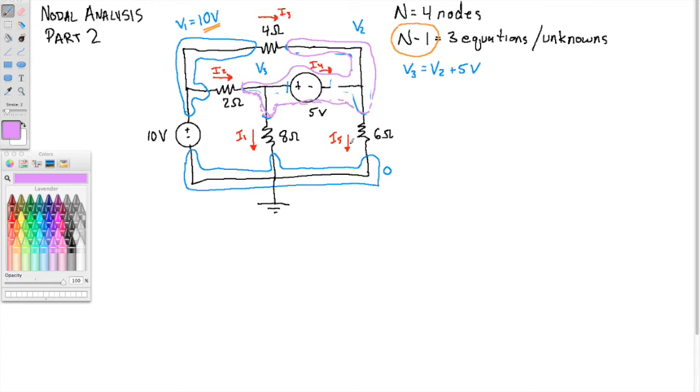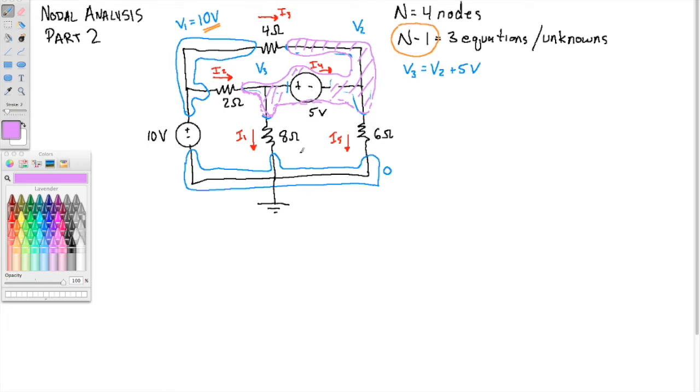There's my node. Now, the purple glob, well, it still must be true that however much current goes into it leaves it. It's a glob. It's not producing current.